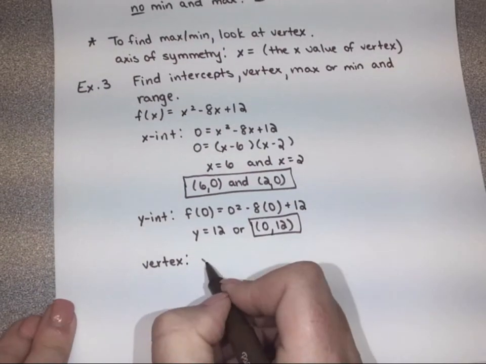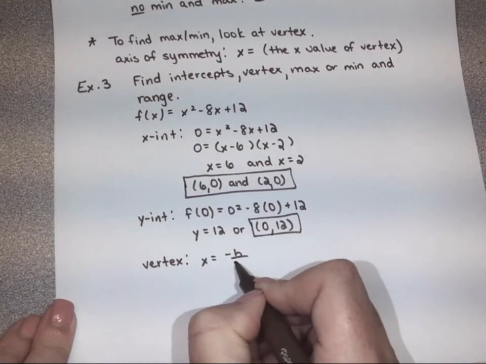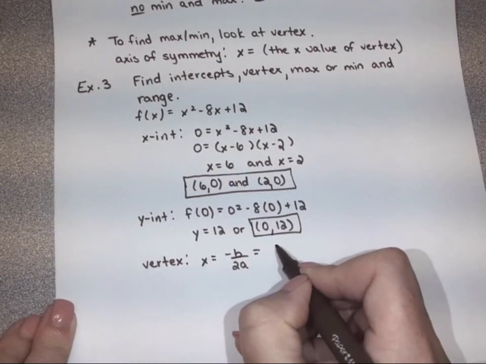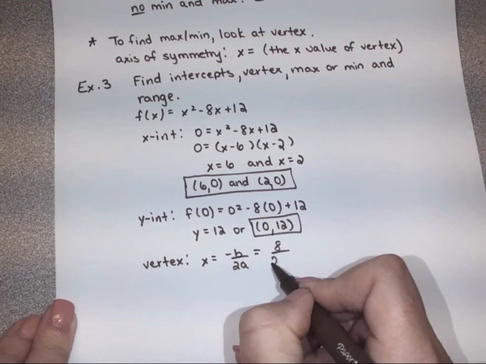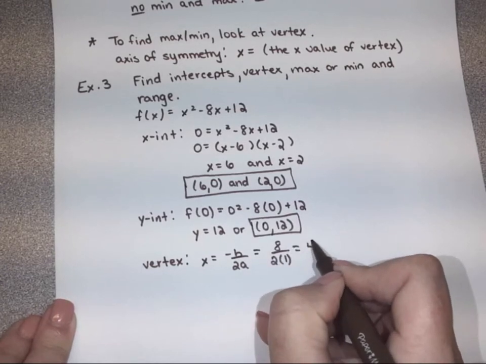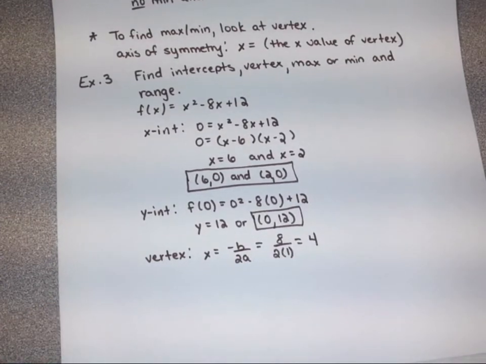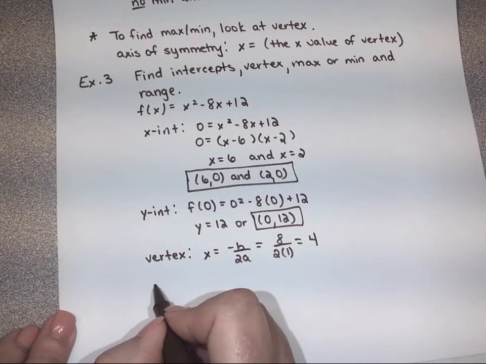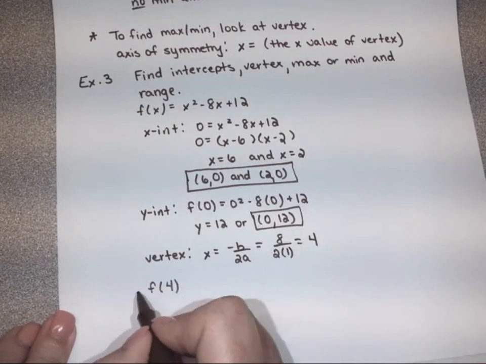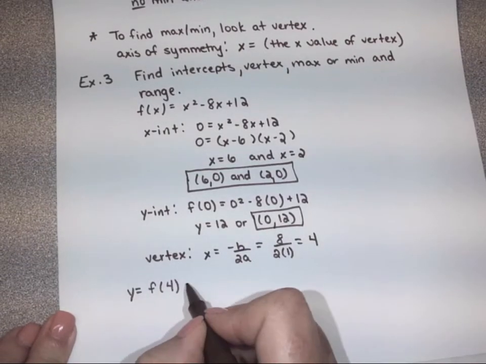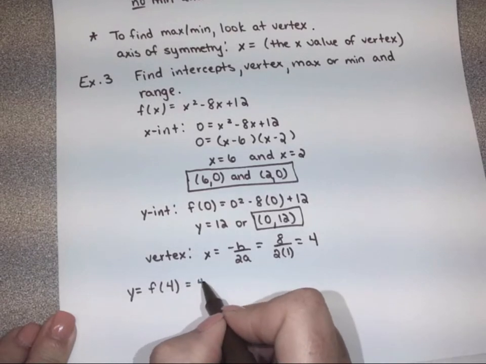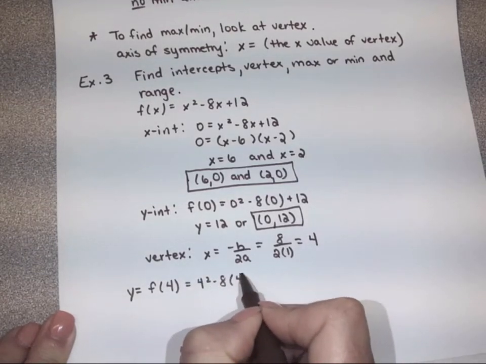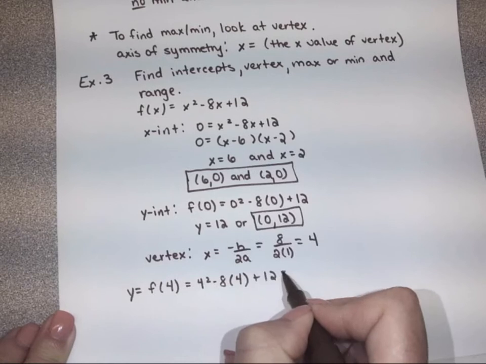So vertex, remember we want x equals negative b over 2a. So negative b would be positive 8 over 2 times 1. So we get 4 for the x part. And then we need to find the y part, right? So y is going to be f of 4. So 4 squared minus 8 times 4 plus 12.